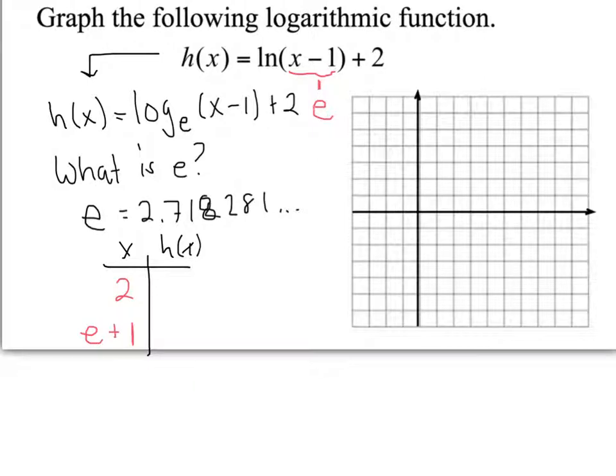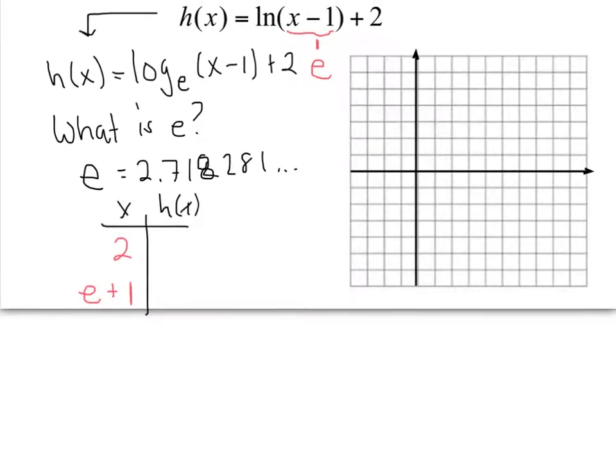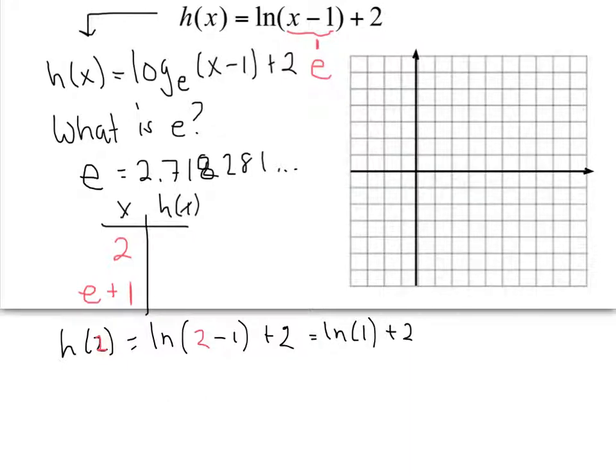So first of all, let me plug in 2. So h of 2 is equal to the natural log of, here's my input, 2, 2 minus 1, plus 2. But I know that that is just the natural log of 1 plus 2, and this just means log base e of 1 plus 2.